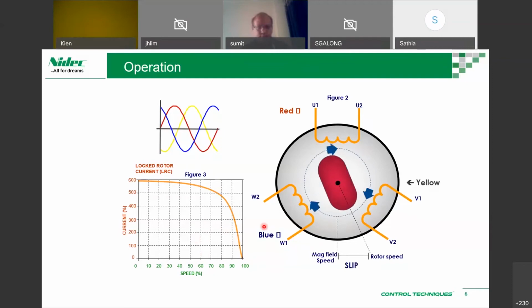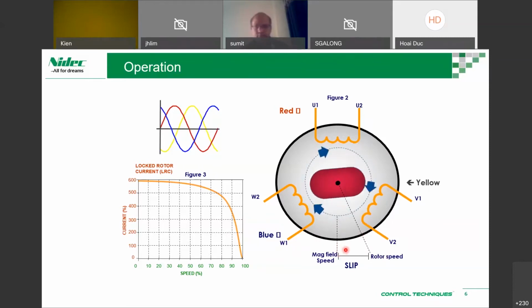So simply we have the rotating magnetic field. It has a speed. Let's say we are running at 50 hertz, and it also depends on the number of poles. This would have a frequency of about 50 hertz, and then we have the rotor trying to catch up with this magnetic field. That's what creates the mechanical motion, but it will never catch up.